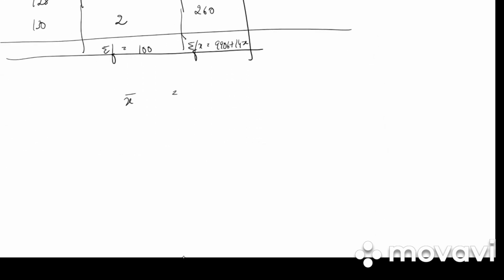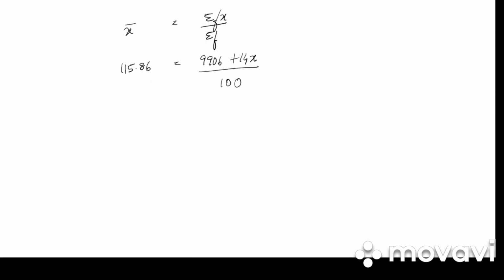So what is the formula? X bar is equal to summation fx divided by summation f. 9906 plus 14x divided by 100, and they have given us X bar, that is 115.86. So cross multiply. 115.86 into 100 is equal to 9906 plus 14x.